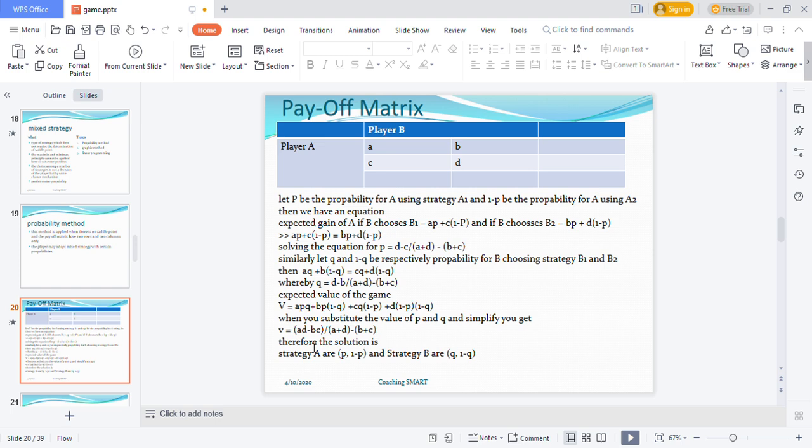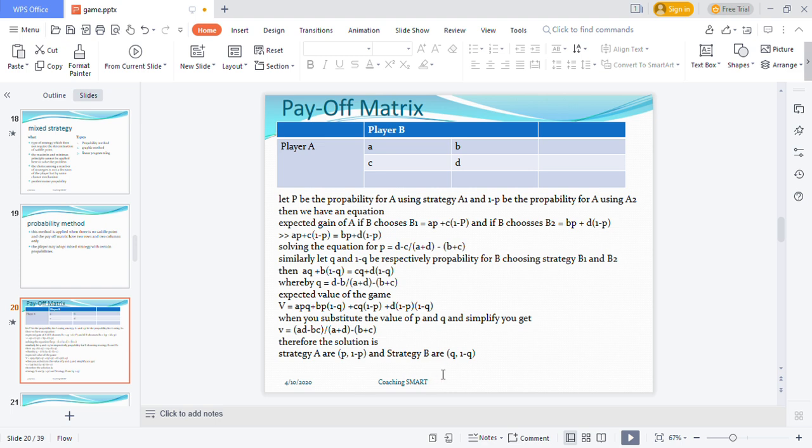AD minus BC, close the bracket, divided by, open the bracket, A plus D, close the bracket, minus, open the bracket, B plus C, close the bracket. Therefore, the solution for strategy A is P, open the bracket, P, comma, 1 minus P, close the bracket.